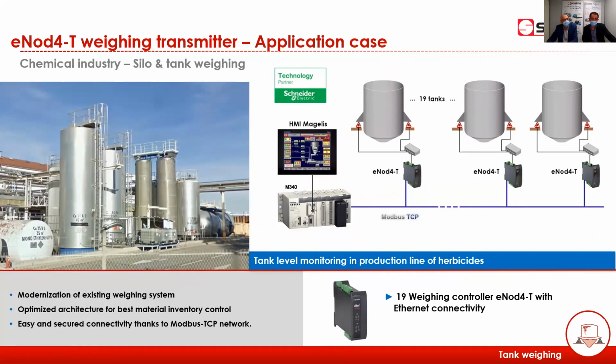And we proposed a solution for 19 tanks equipped with load cells, junction boxes, but also eNod4T transmitters in Ethernet Modbus TCP communication. The main advantage for this factory was to be able to have all the data of all silos available on an Ethernet network connected to the central PLC of the factory.